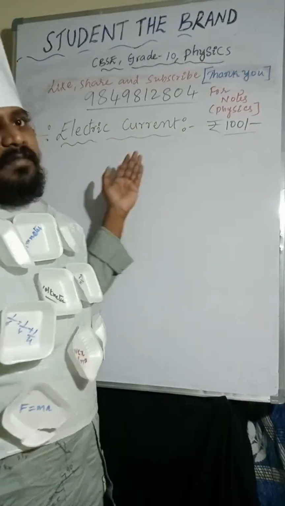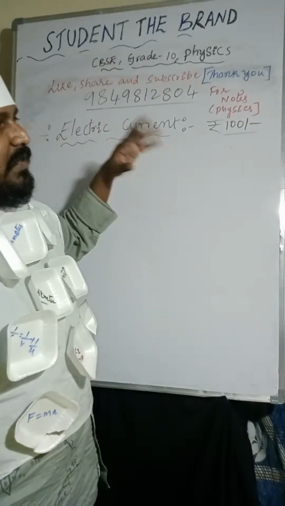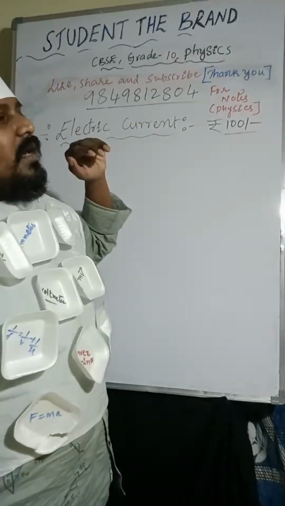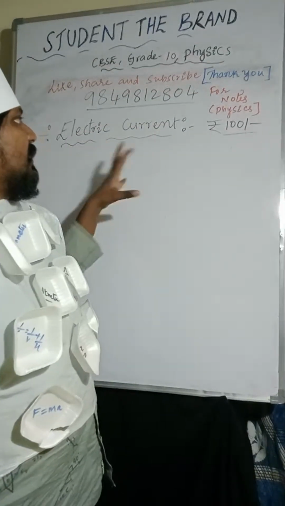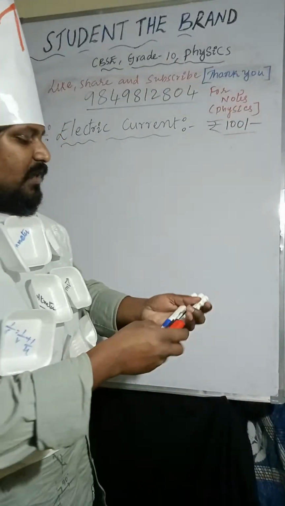Before that we discussed the electric current, and after that we discussed the electrical elements. After that, electric circuit. Now, after this we will discuss potential difference and electrical potential.